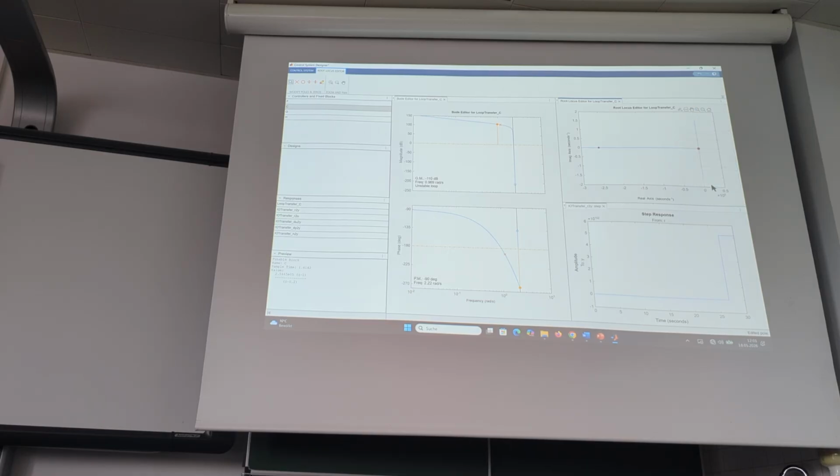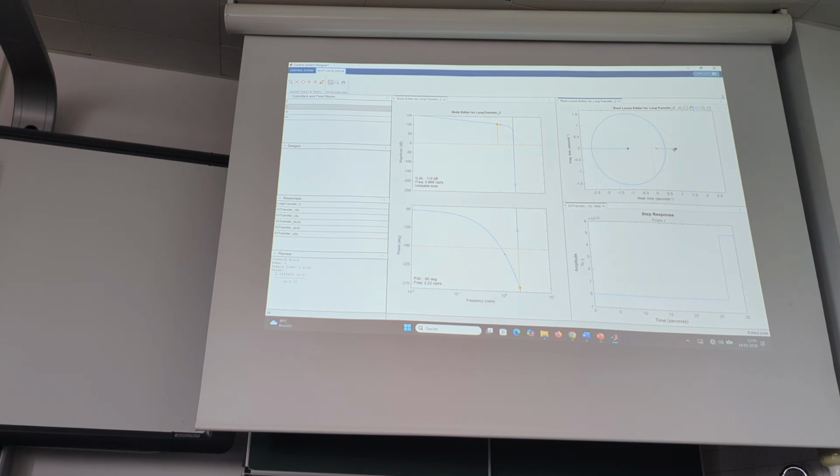Then we have to adapt the scaling in order to see something. And here we go.